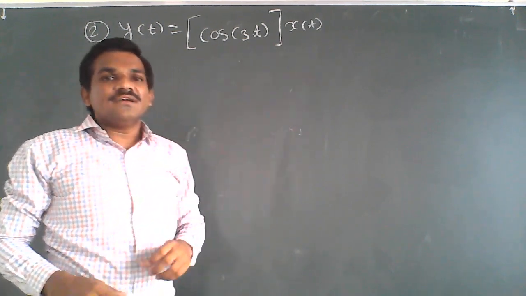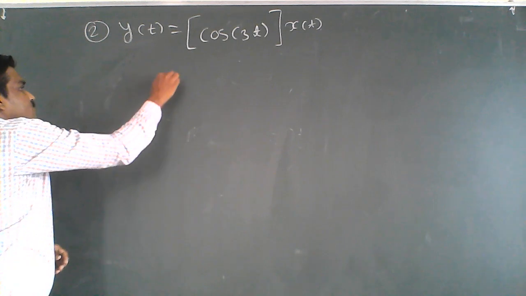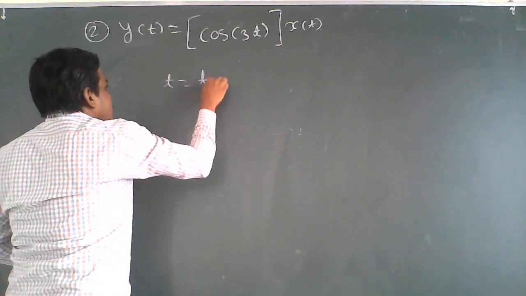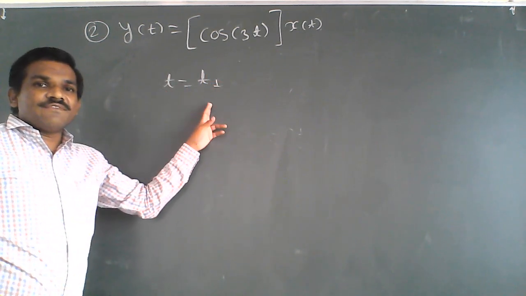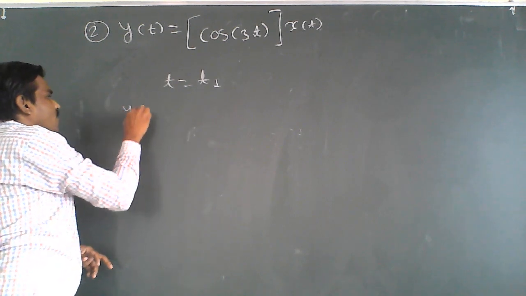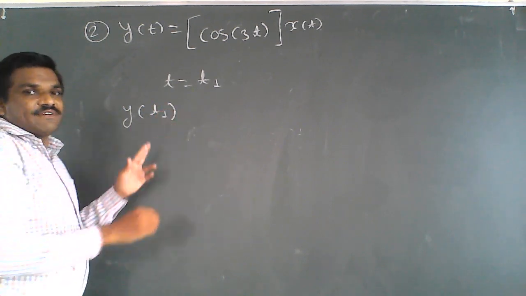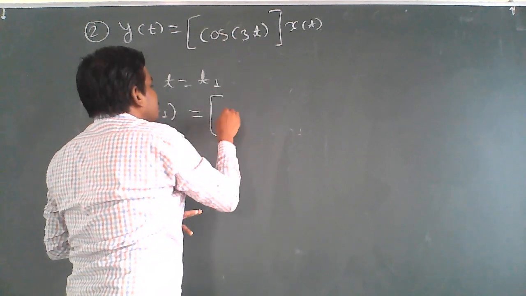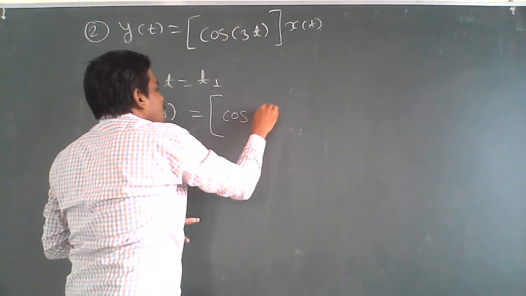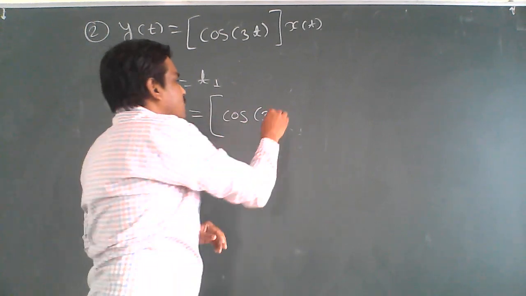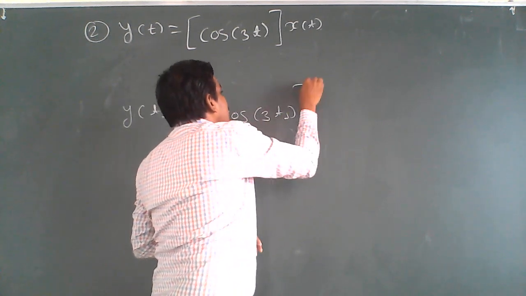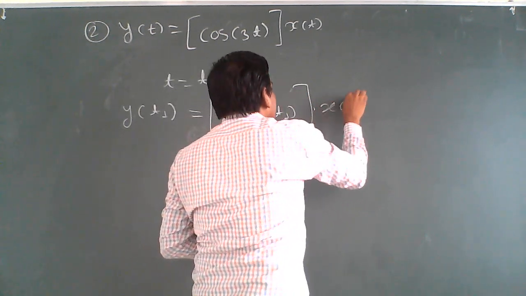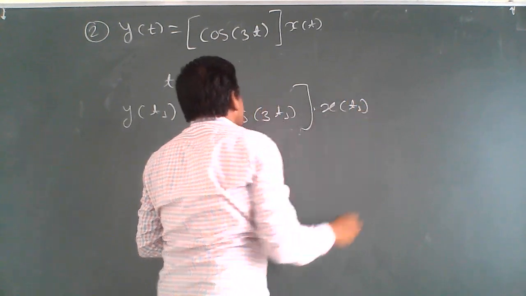So now consider t equal to t1. If you consider t equal to t1, then what will be the output? Output will be y of t1, which is nothing but, put t equal to t1 here. So cos of 3t1 into x of t1.